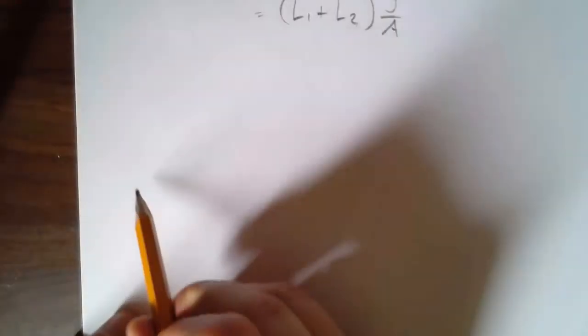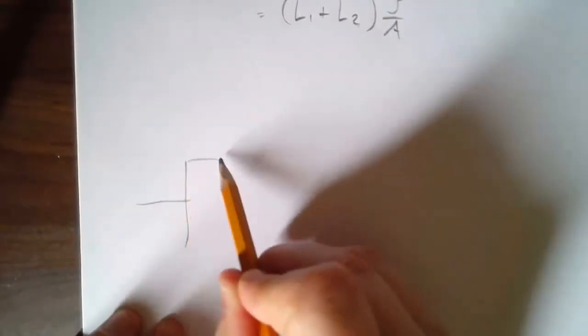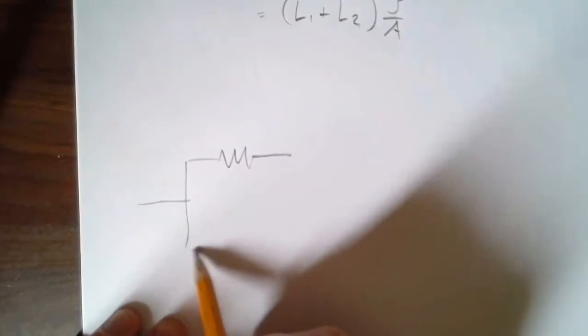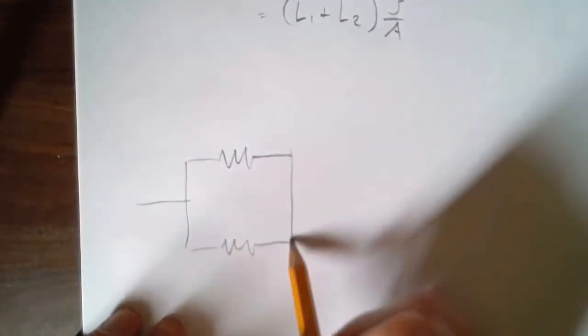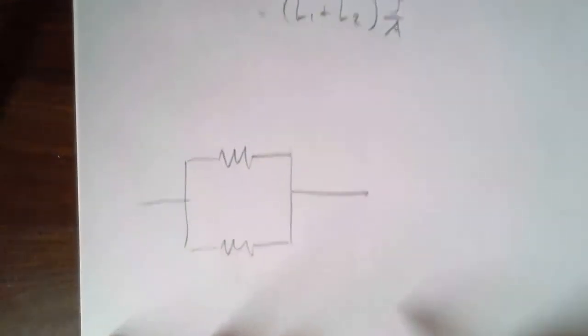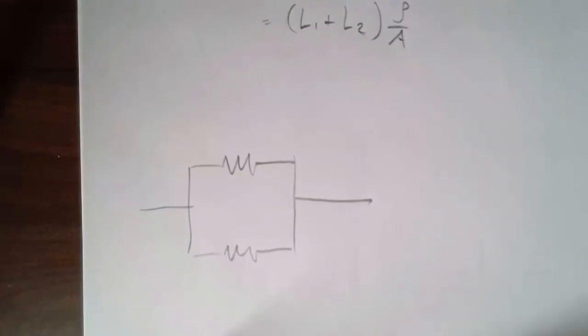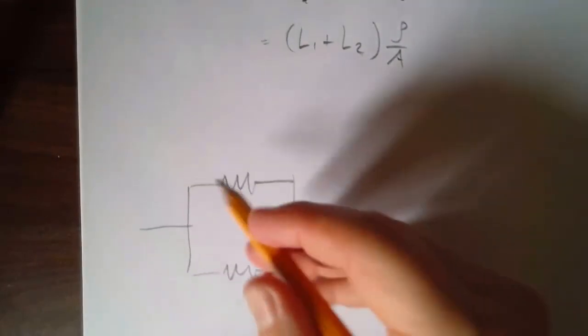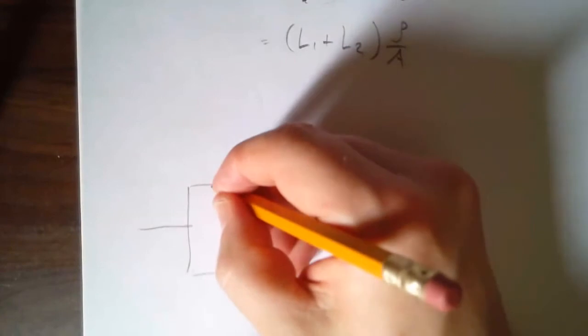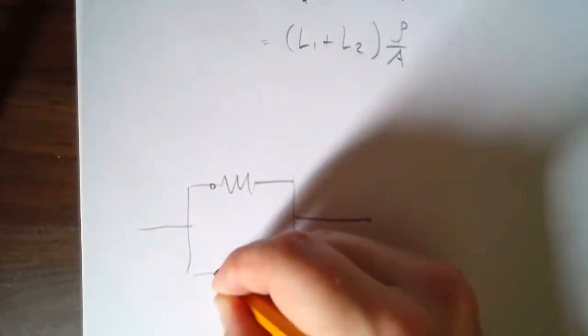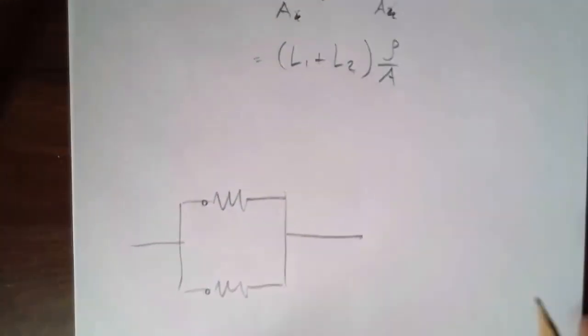If I've got, on the other hand, two resistors that are in parallel, that makes it easier for current to flow, and you can think of it as just adding the cross-section of each wire.